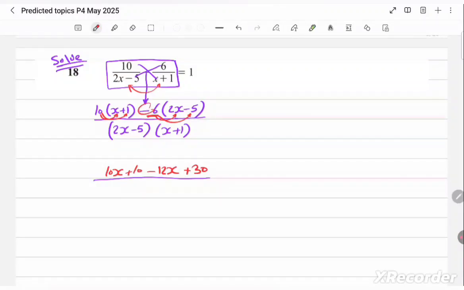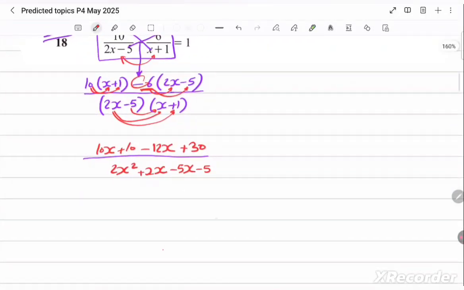Then let's also expand the denominator. 2x times x is 2x squared. 2x times 1 is 2x, and then negative 5x, negative 5.